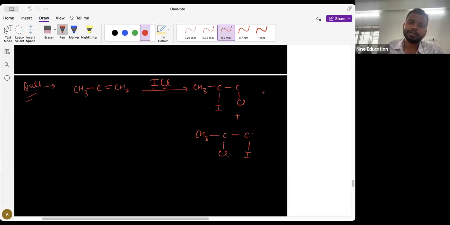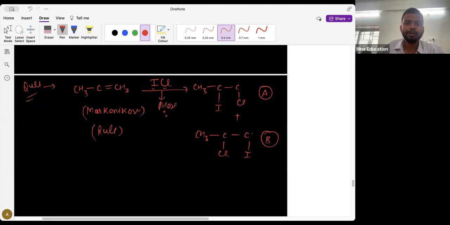So out of these two, this, let's say this is our A answer, this is our B answer, है ना? And you have to use Markonikov rule. You have to tell out of these two, which one is more electronegative, will come to more substituted side. So out of these two, which one is correct?